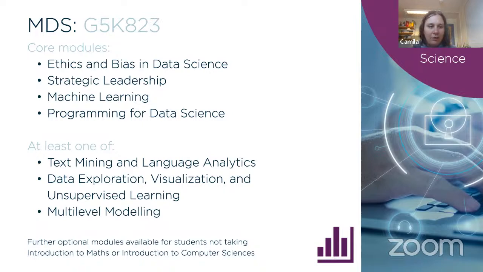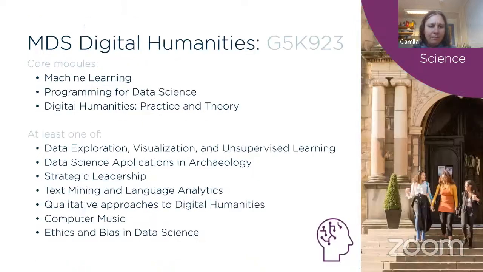So if we move to digital humanities, you can see a very similar core, with the exception that digital humanities practice and theory is the core module for that degree, and elements of ethics and bias are covered within that.